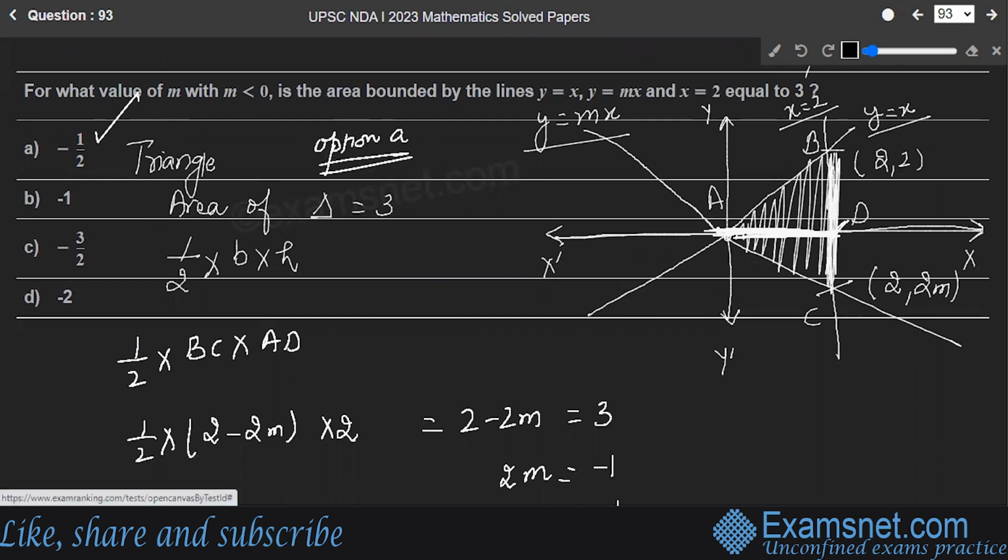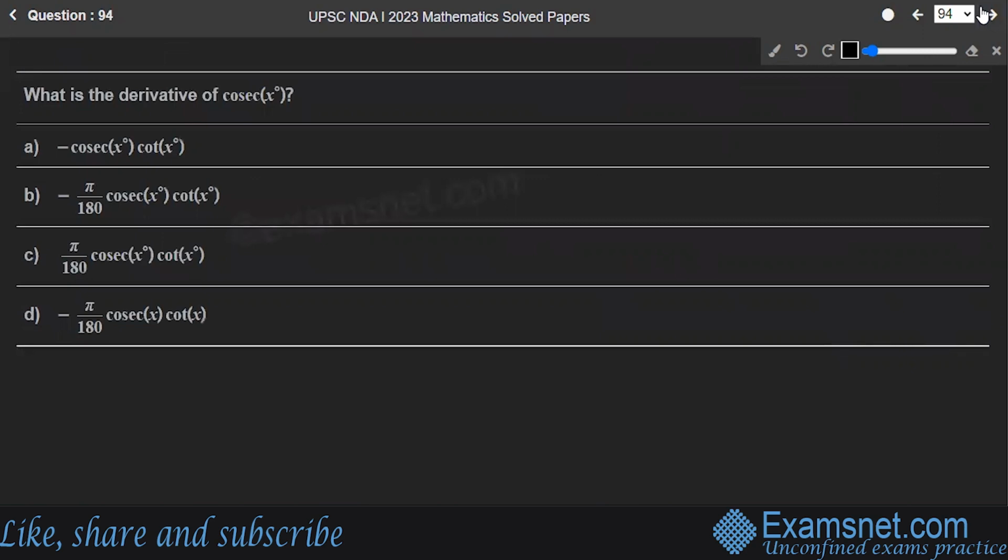Hope you got this. Next is question number 94. What is the derivative of cosec x raised to power 0? This is not x raised to power 0, this is x degrees. You have to find the derivative of cosec x degrees. X degrees, if I change it into pi terms, can be written as pi upon 180 into x.